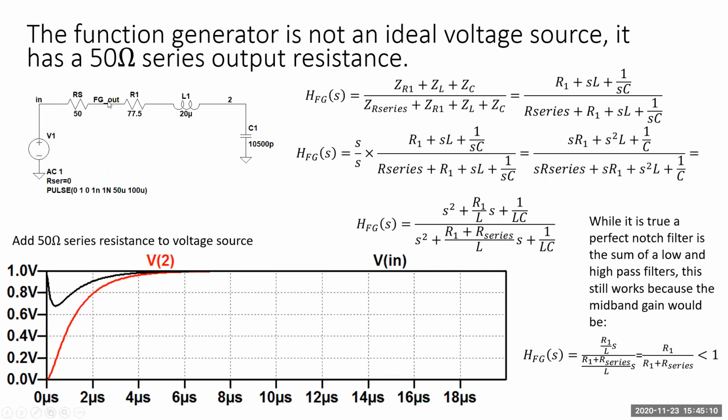So in fact, this was the input to the oscilloscope after this 50 ohms, which if you take the voltage division, you see that eventually it looks very close to a notch filter. Not a perfect notch filter, but that is what's going on.